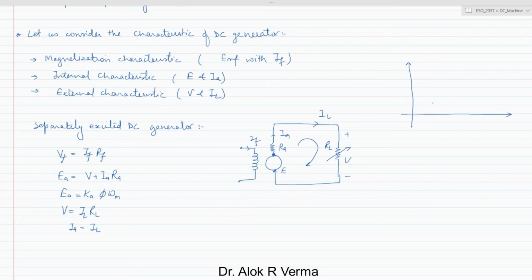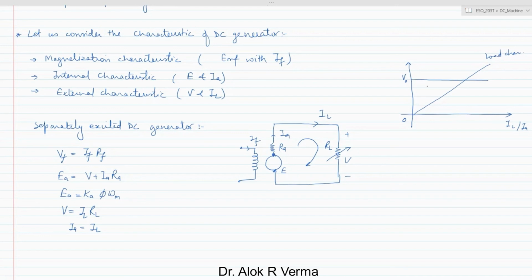So this is the ideal generated voltage, V0. This is IL or IA; in this case both are the same. And IL into VL is the load characteristic.